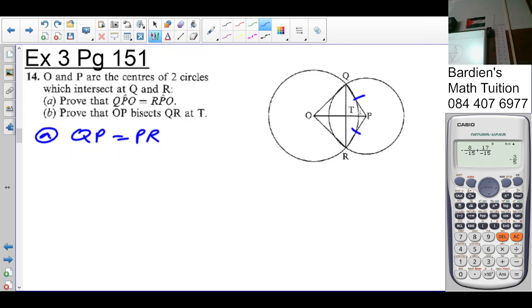Remember, if I take that smaller circle out, that was P. Why is QP equal to PR? Lengths, not angles. The two lengths. Yes, it is absolutely the same, but why?